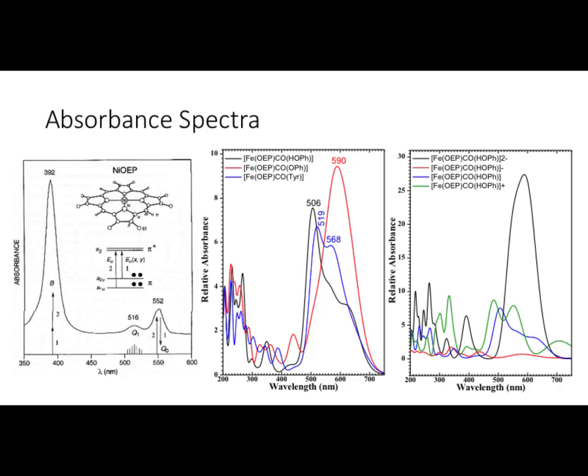And the reason is that the porphyrin ring interacts very interestingly with itself. Your HOMO and your HOMO minus 1 both have a pi to pi star transition, where they both go to this eg pi star orbital in basically all porphyrins.